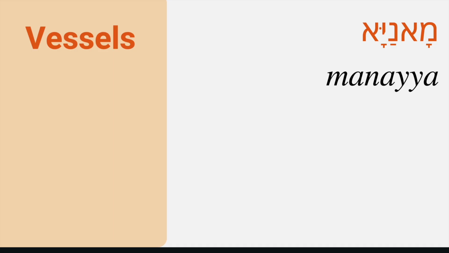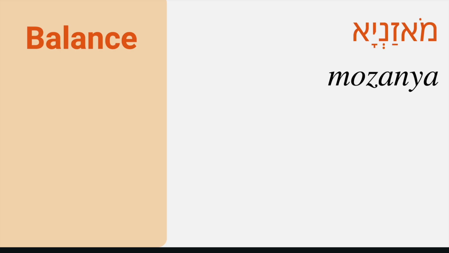That is the aleph of determination. Okay, so you could equally translate mozanya as the balance, but remember the aleph of determination sometimes functions as a definite article or sometimes needs to be translated into English with a definite article, but sometimes not.